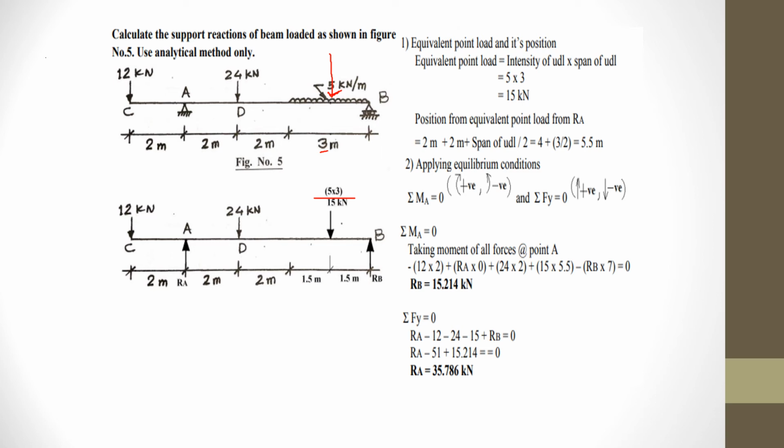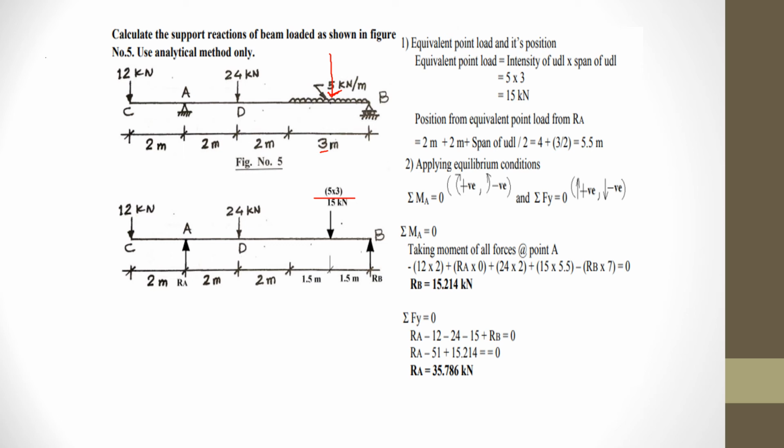So first we will find the equivalent point load as 5 into 3, that is 15 kilonewton. Then the position of the equivalent point load from RA, that is from this point A. So 2 plus 2 is 4 and plus this 1.5, that is 5.5.